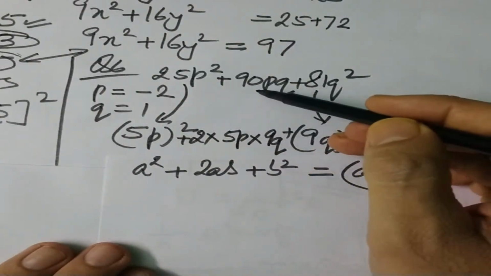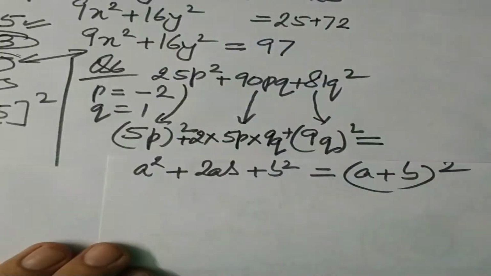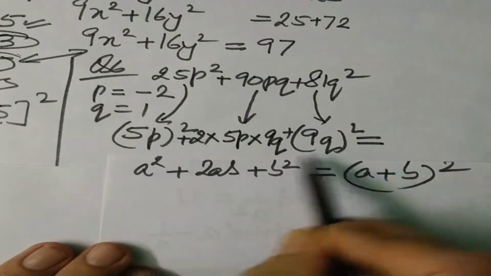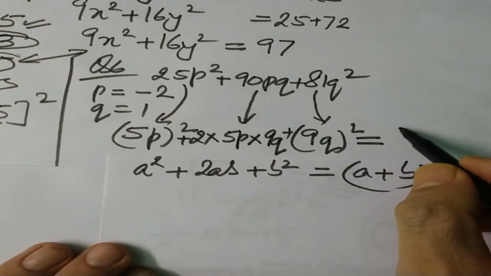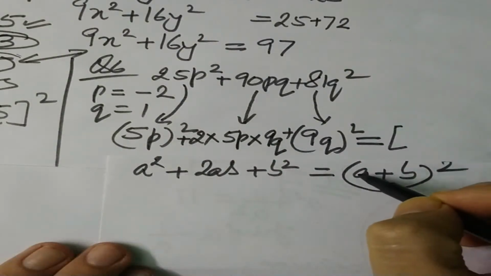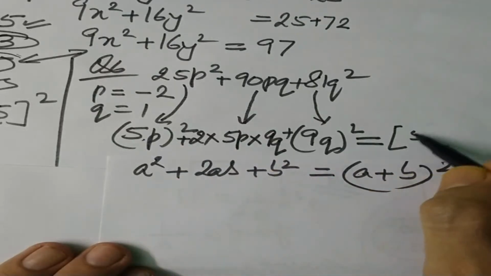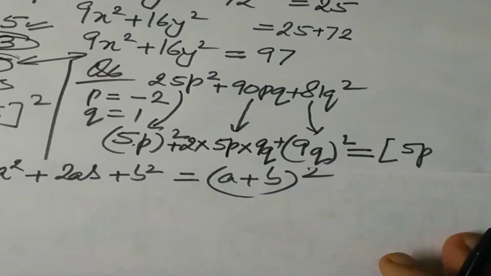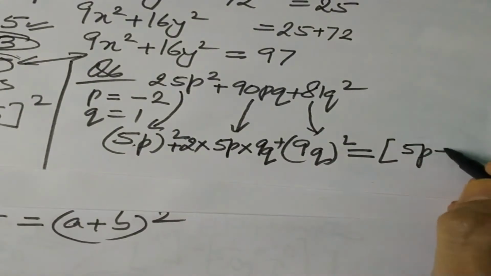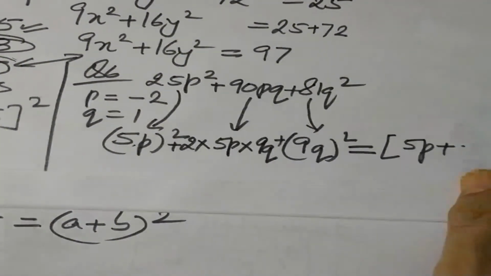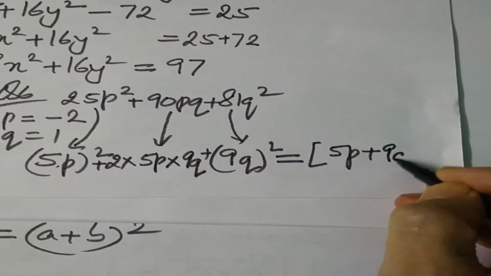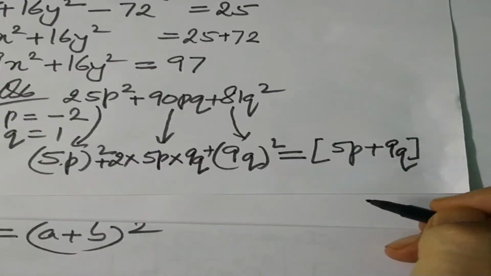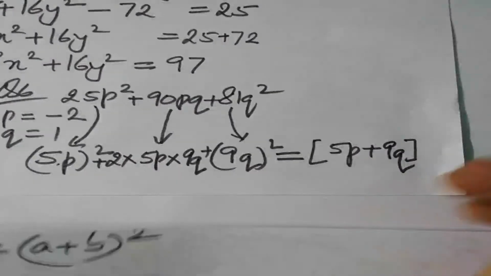Check this number. This number I have converted into this form, and this whole thing is matching this formula. I have to write it in this way. So what will be a plus b? A plus b. So 5p plus 9q. This is matching the formula.